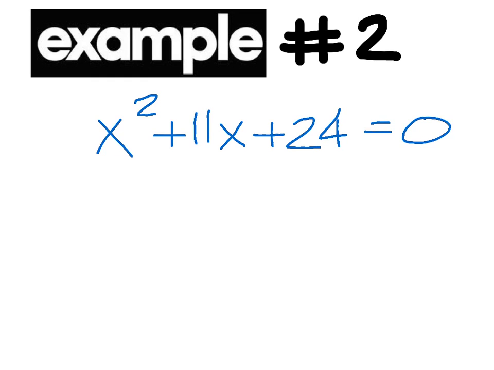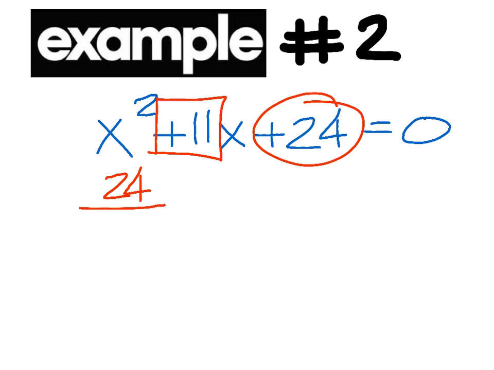Example number 2, we'll stay with plus plus. So we'll go x squared plus 11x plus 24 equals 0. You need two numbers that multiply to get 24 but add to get 11. The factors of 24 are 1 and 24, 2 and 12, 3 and 8, 4 and 6.